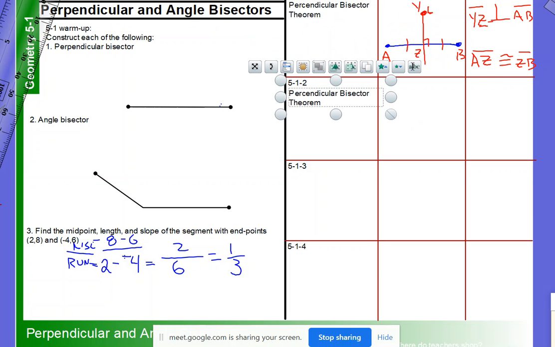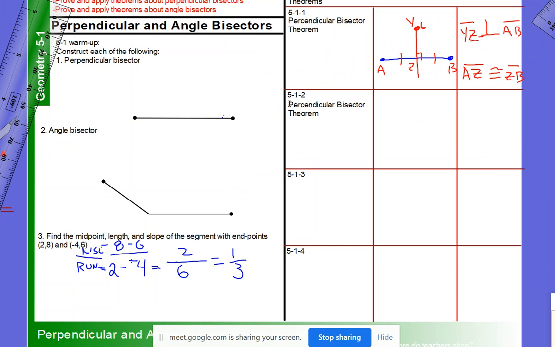That it's a perpendicular bisector? The converse is perpendicular bisector. All right, so what does that say? Well, it's the converse. Converse is so special.